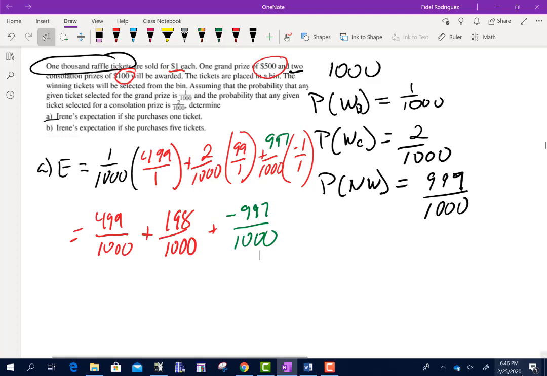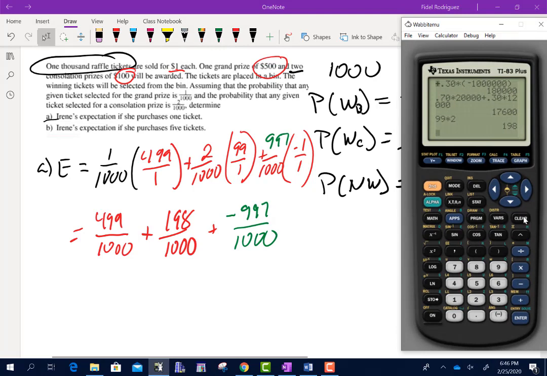All right, so I'm going to grab my calculator again, and let's add the numbers that are on top. So we got 499 plus 198 minus, because it's a negative, 997.